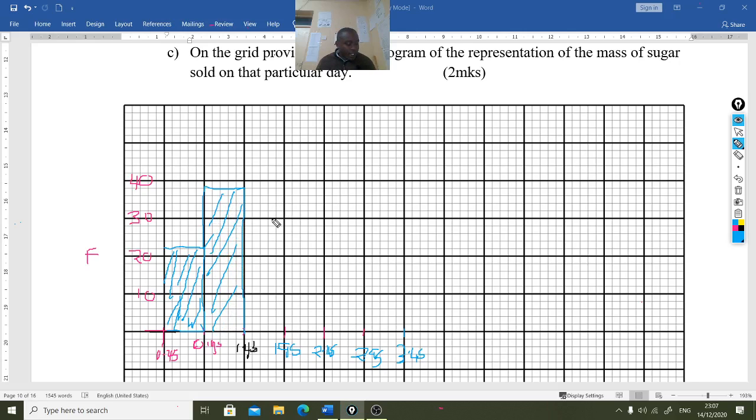The next has a frequency of 14. They are uniform, remember; 14 will be here, since this is 12 because each division has 2.